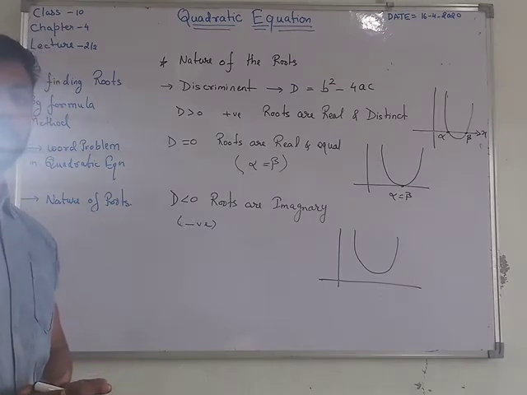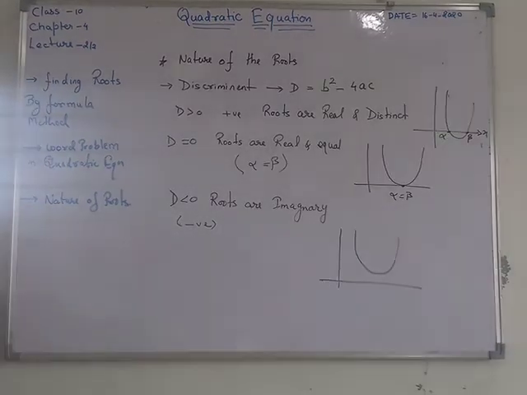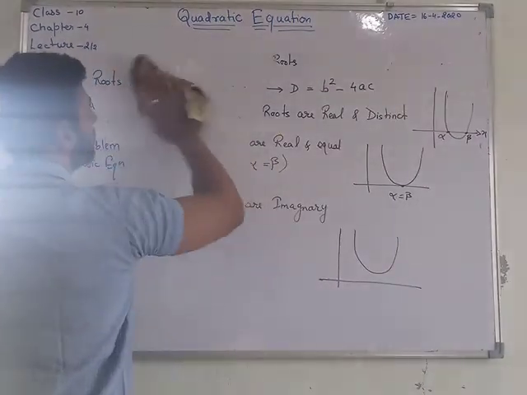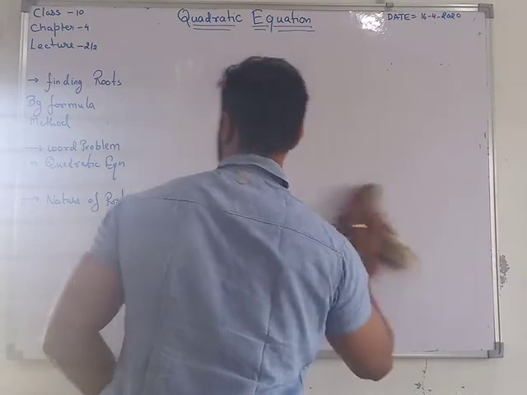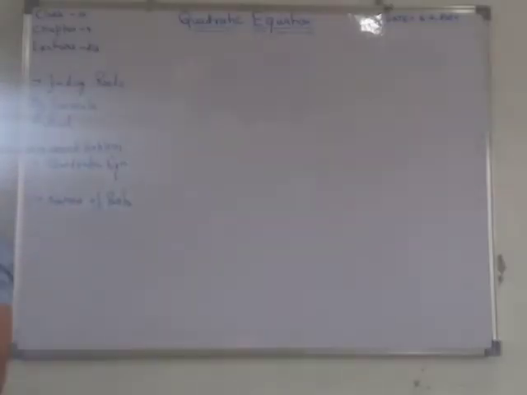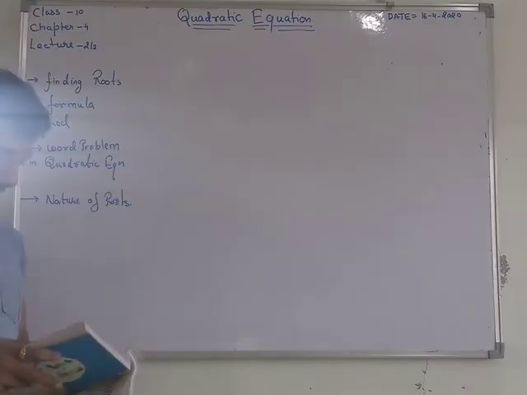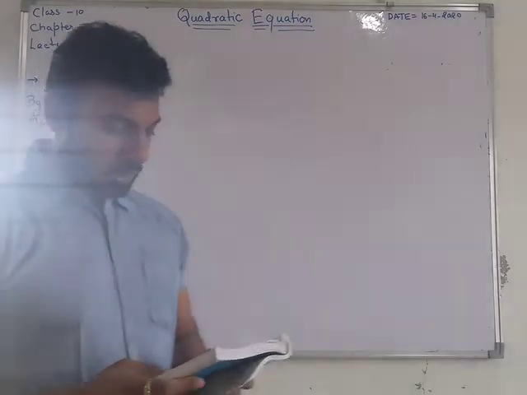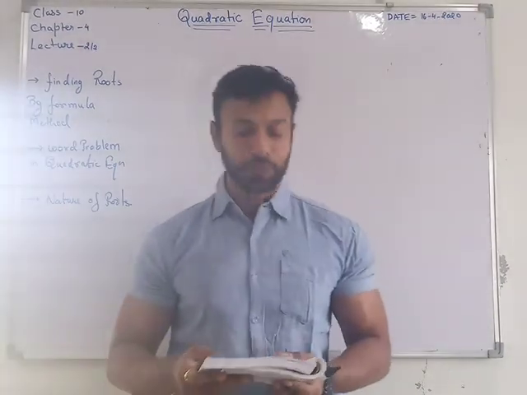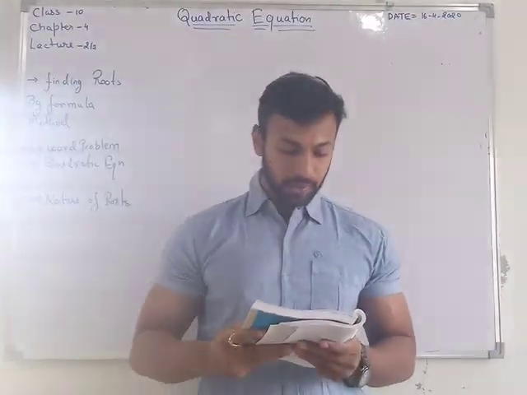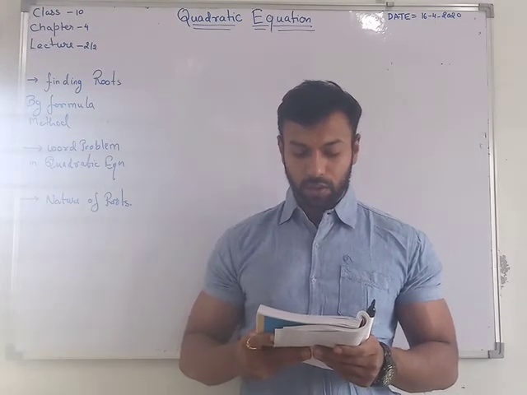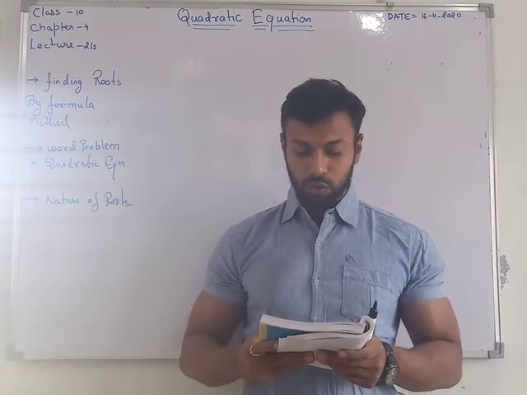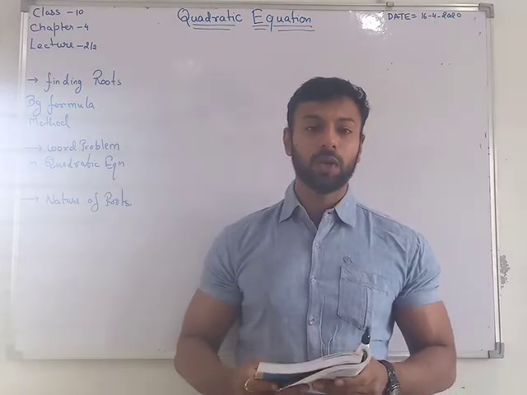Let us see one example from the NCERT book, how we can solve such kind of problems. This is from exercise 4.4 of the NCERT book, and the question says: find the value of k for which the following quadratic equation has two equal roots.